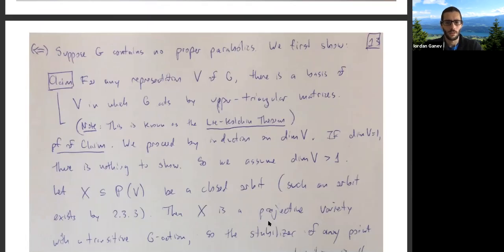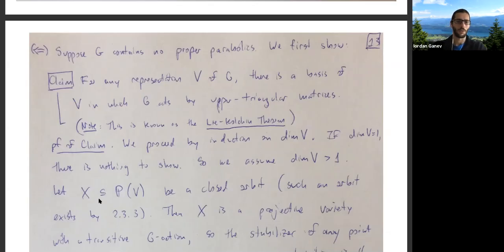So let's assume that the dimension of V is bigger than 1. We mentioned earlier in the class that anytime we have a group acting on a variety, there is a closed orbit. Not every orbit is closed, but there is a closed orbit. We can always take a closed orbit.